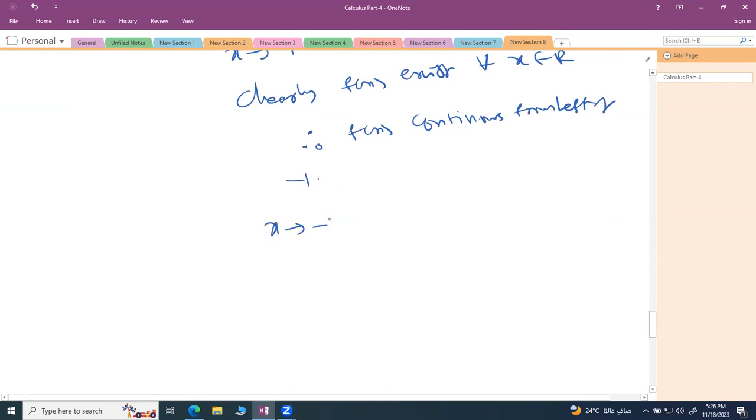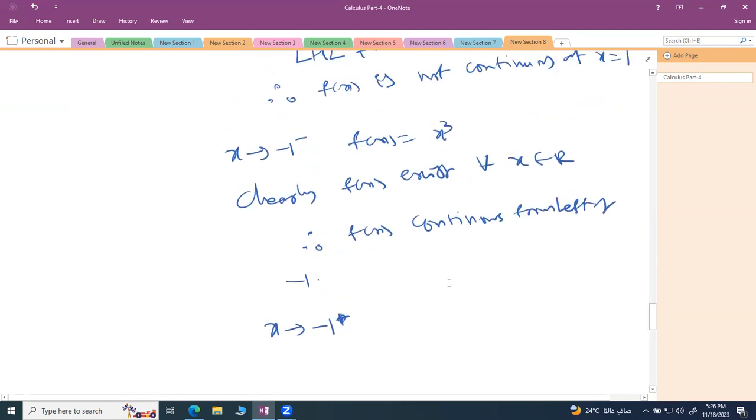If x goes to minus 1 plus, that means the right of minus 1.